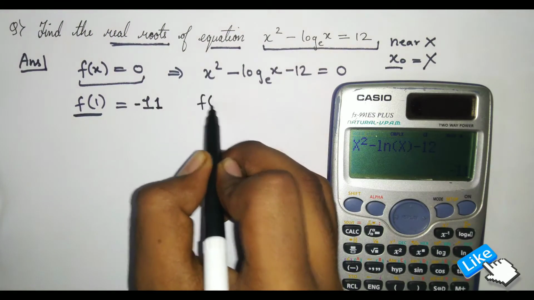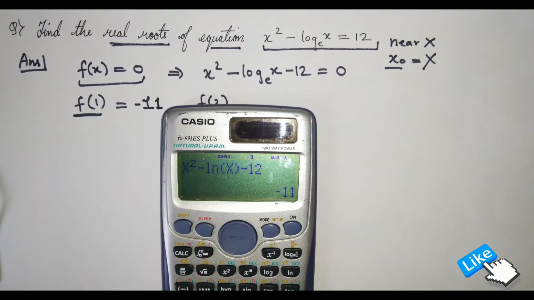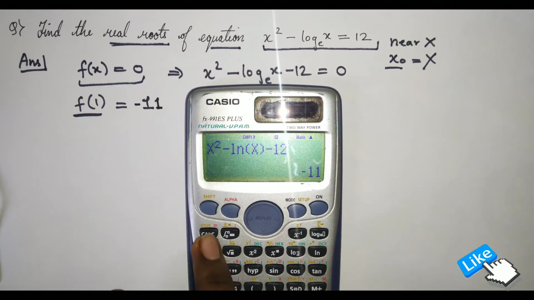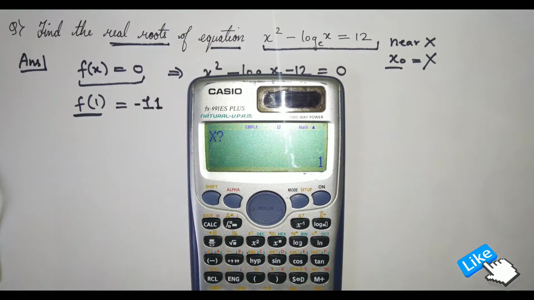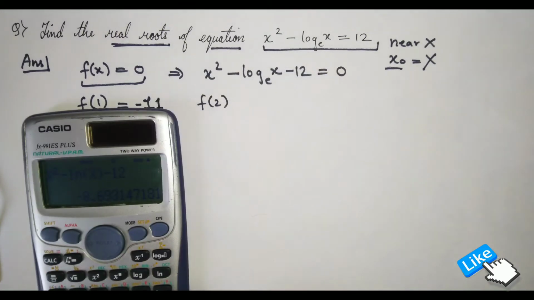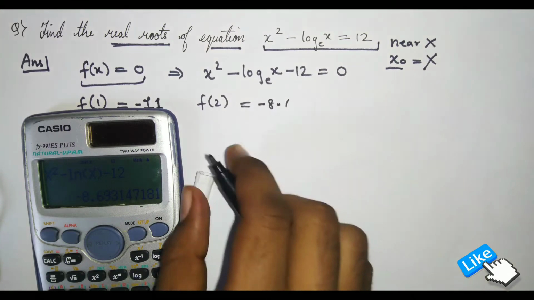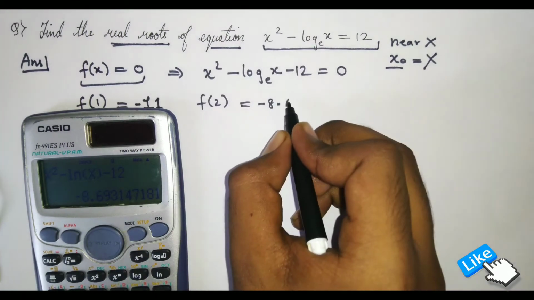Now what about f of 2? Again press calculate. In place of x, they are asking the x value, you have to press 2. We'll get the value as minus 8.69. So I'll write it as minus 8.69.